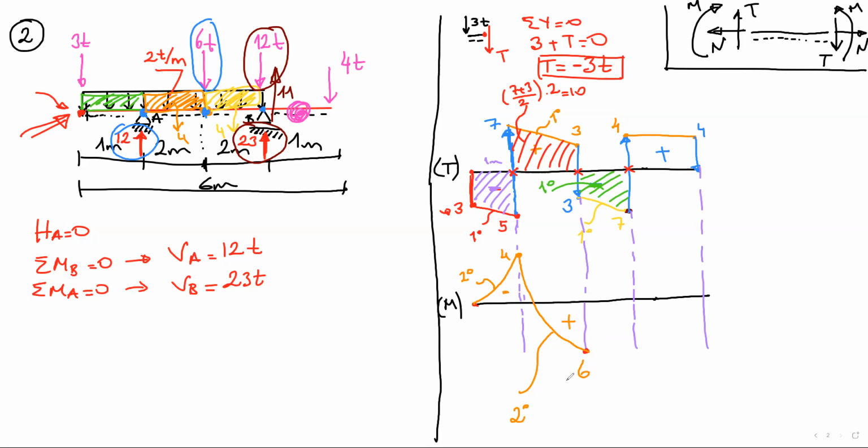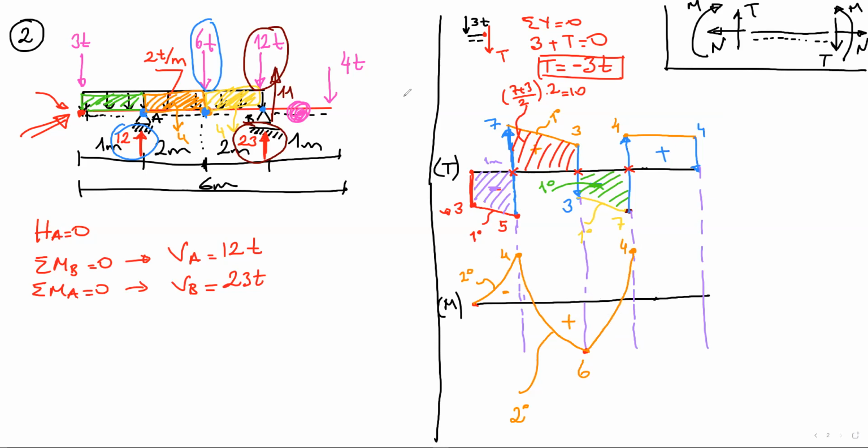We are at the positive side. 6 minus 10 is -4. Connect these 2 points with a curve like this. This is -4. We are again at the negative side.